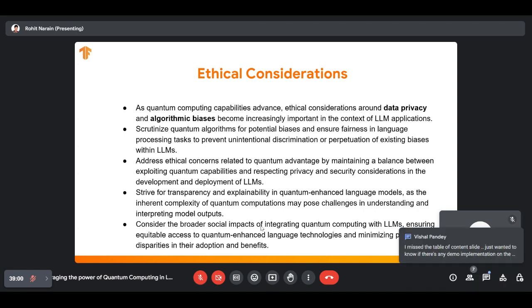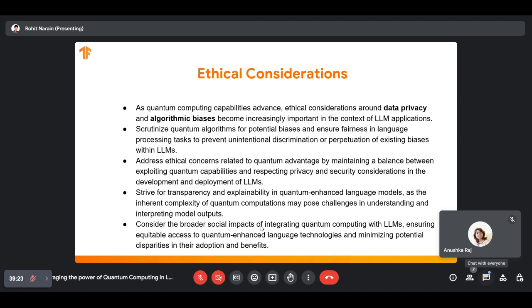Okay, and we need to provide some transparency and explainability. Current quantum models provide results which are very complex for a normal human being to understand. So we need to work on those algorithms to provide more explainable results so that everyone can understand those things in a better way.